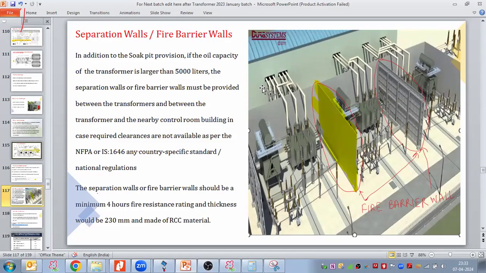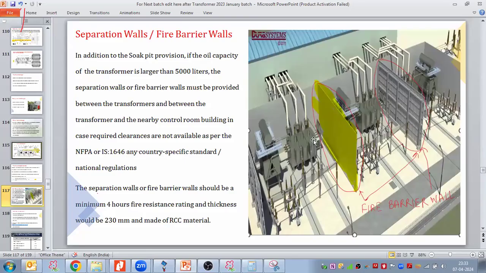In case of the control building and transformer, and suppose we have more than one transformer, in that case between two transformers we need to provide a fire barrier wall, and the dimension of this wall we take as per the transformer GA. Generally we take 500 MVA to 600 MVA.